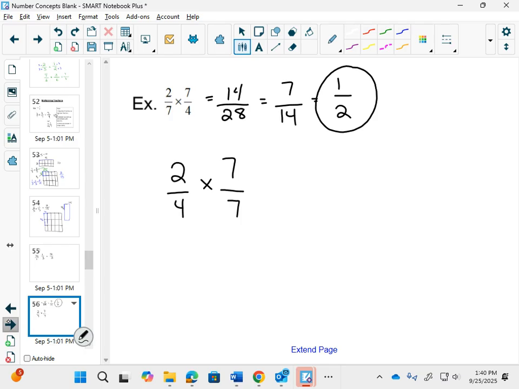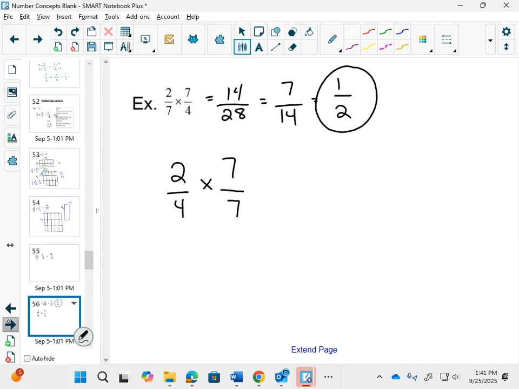This is going to be exactly the same answer. Would you agree this is exactly the same answer? Because 4 times 7 would give you 28, same as 7 times 4 would give you 28. But something cool is going to happen by me switching these around.